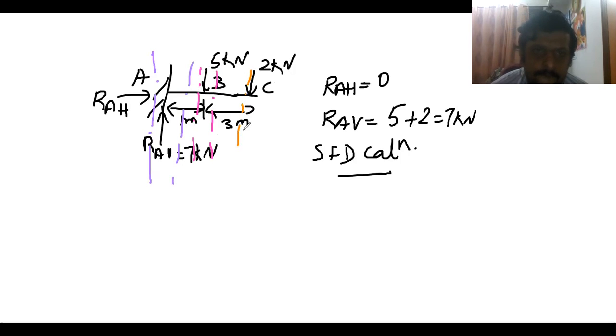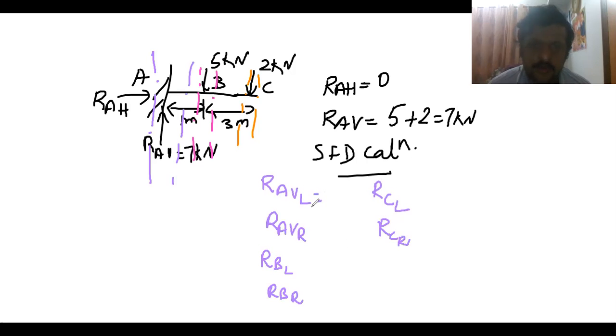So we have, as usual, RAV left, RAV right, RB left, RB right, RC left, RC right. So this is RAV left, RAV right, RB left, RB right, and this is RC left and RC right.